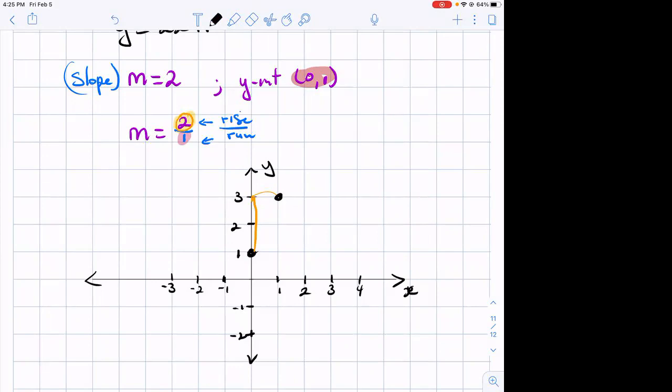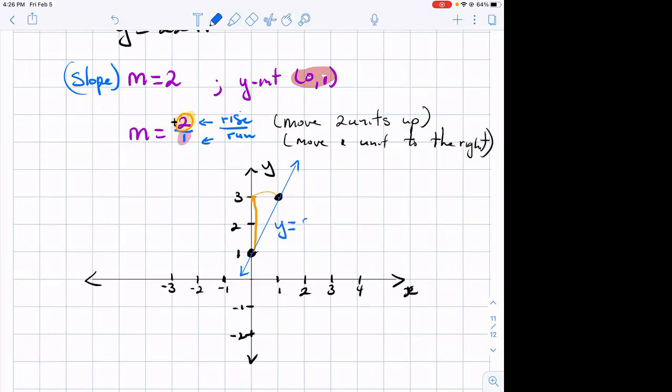So the rise means move 2 units up because it's positive 2. And the run is move 1 unit to the right because it's positive. I can now connect those 2 dots with a straight line. And this is the equation y equals 2x plus 1.